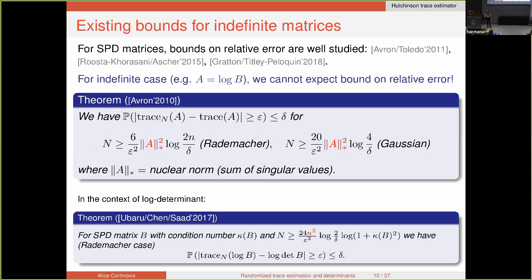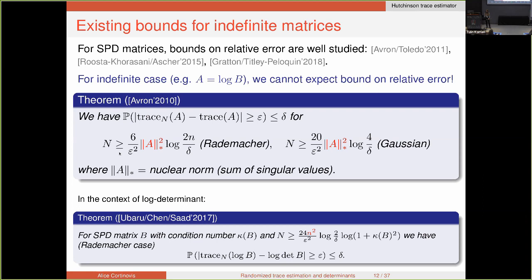So basically the only bound that was in the literature, a general bound for indefinite matrices, is this one, and it says basically it's a bound on the number of samples, capital N, that ensure that you get an approximation to the trace with accuracy epsilon, with failure probability at most delta.